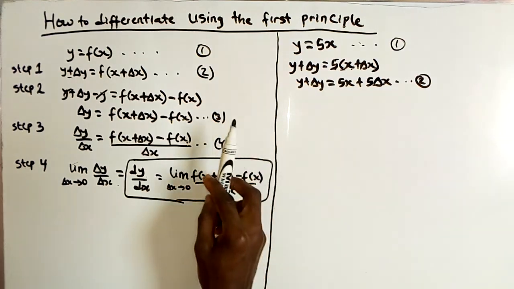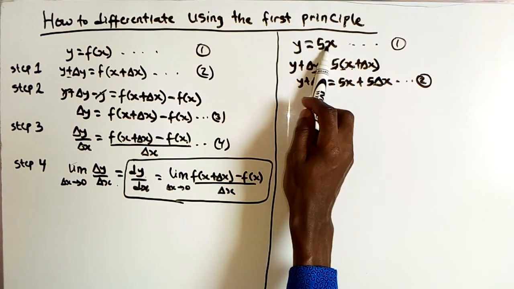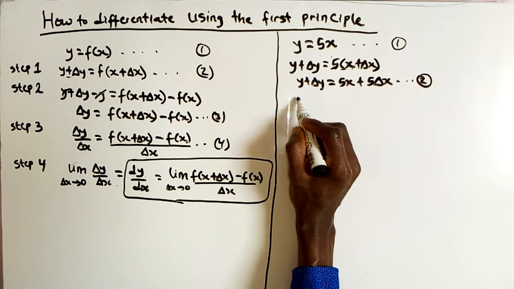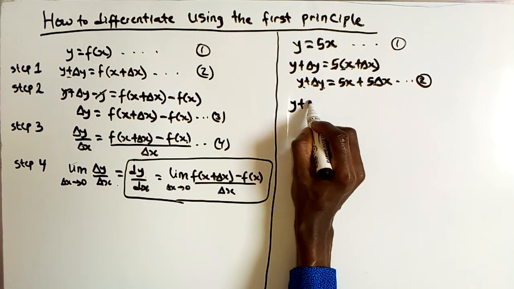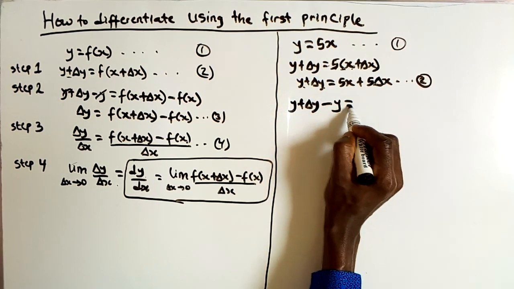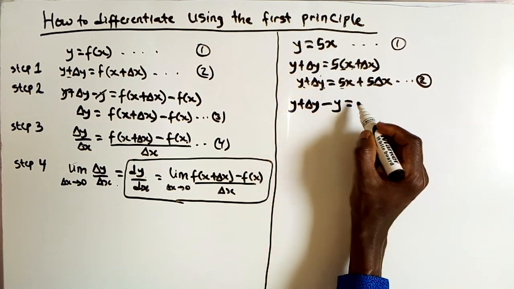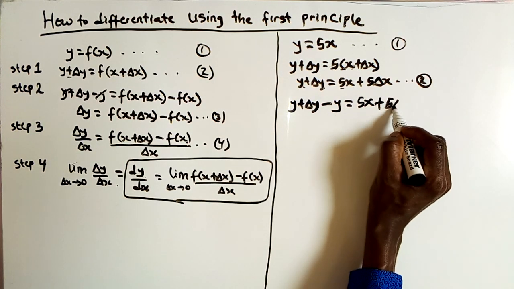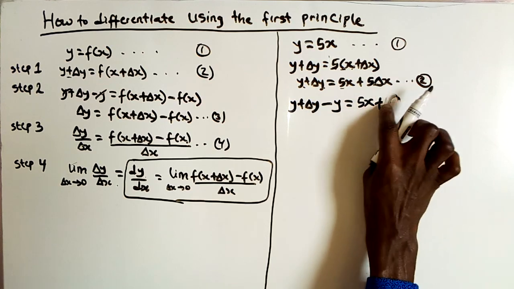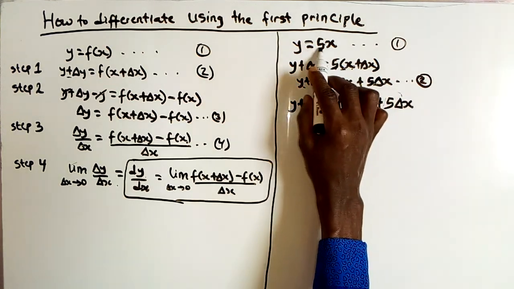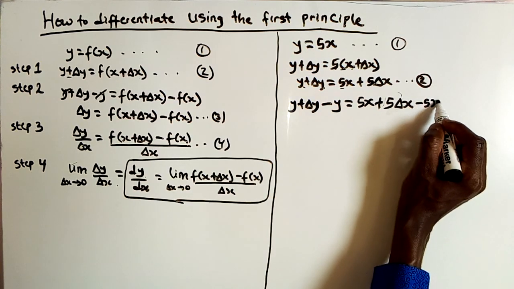Now we said the next step is subtract equation 1 from equation 2. So if you do that here, you have, this is our equation 2, y plus changing y minus equation 1, y is equal to this minus this. 5s plus 5 changing s, then minus 5s.